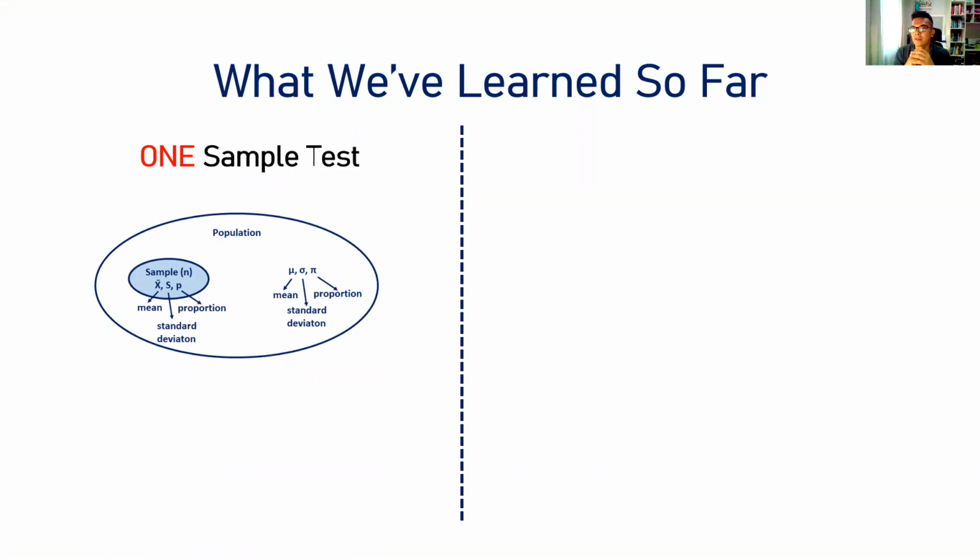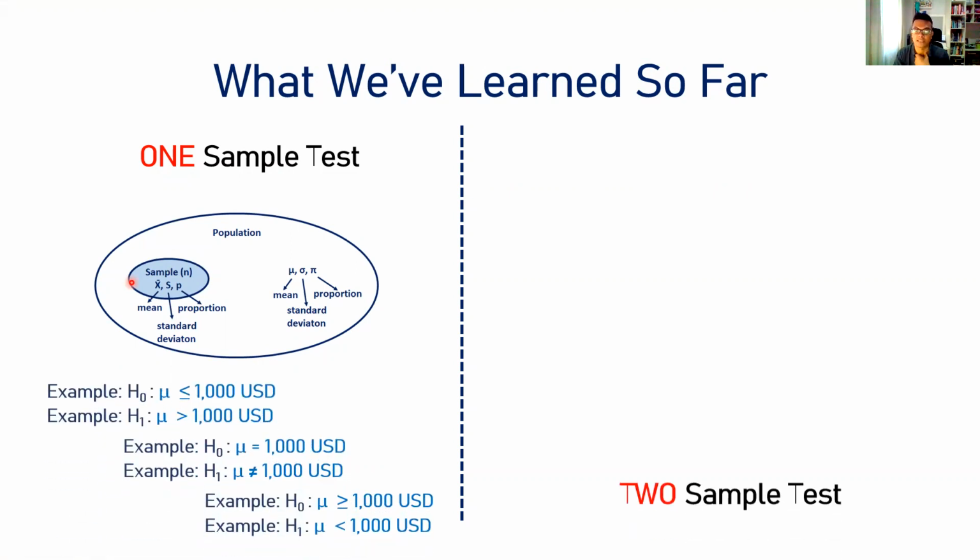Let's say the claim is concerning one city, and the claim states that the monthly income of that city equals 1,000 US dollars. Usually you pick several respondents as a sample and then check whether the statistics of the sample are indeed close to the stated claim. That's what we do in a one sample test.